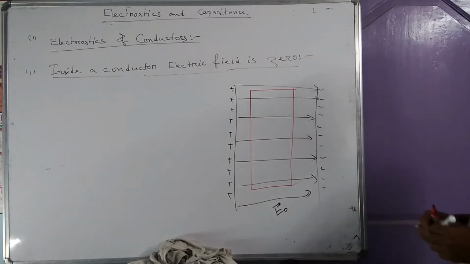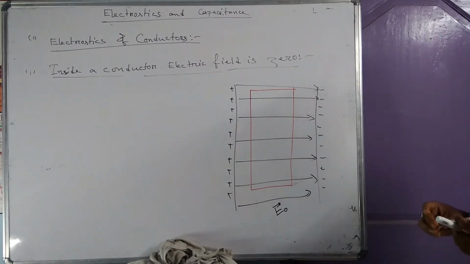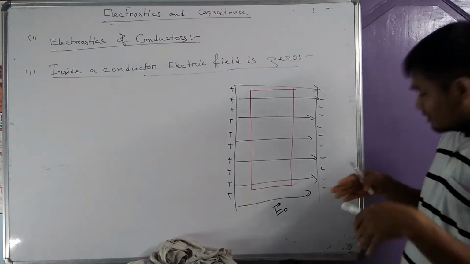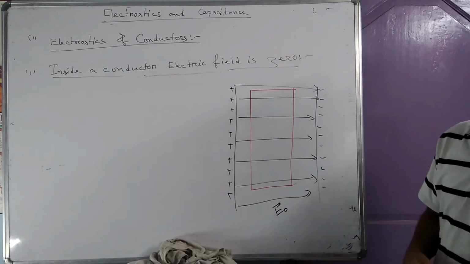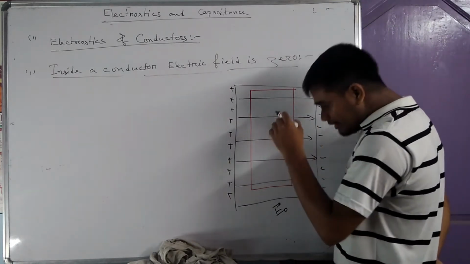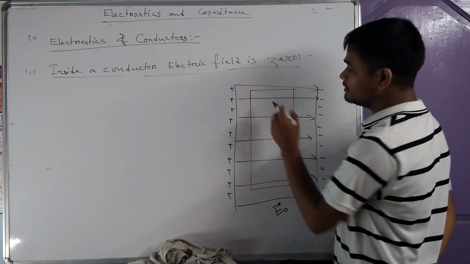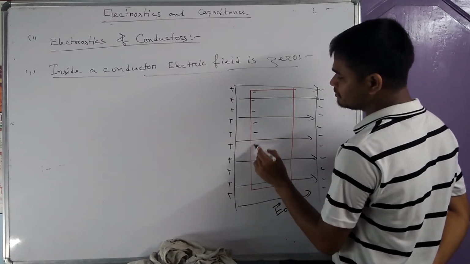Let us consider E0 is the intensity of the external electric field. Now, when an external electric field is applied, or a conductor is placed in an external electric field of intensity E naught, then the free electrons present in the conductor will move towards the minus side.